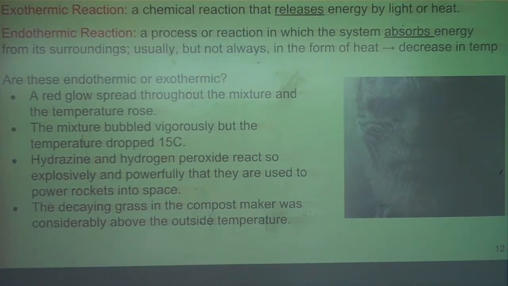Now, there's 4 more examples there. Are these exothermic or endothermic? Have a think about this for a little bit. A red glow spreads throughout the mixture and the temperature rises. You should be thinking exothermic. The mixture bubbled vigorously, but the temperature dropped 15 degrees.